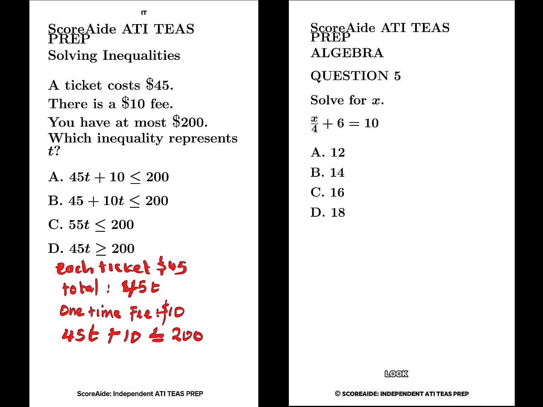So you will see that T is just going to be equal to what? 190 divided by 45, right? So the number of tickets that can be bought is less than or equal to that, right? Now, the answer is going to be A, right? The answer is going to be A.